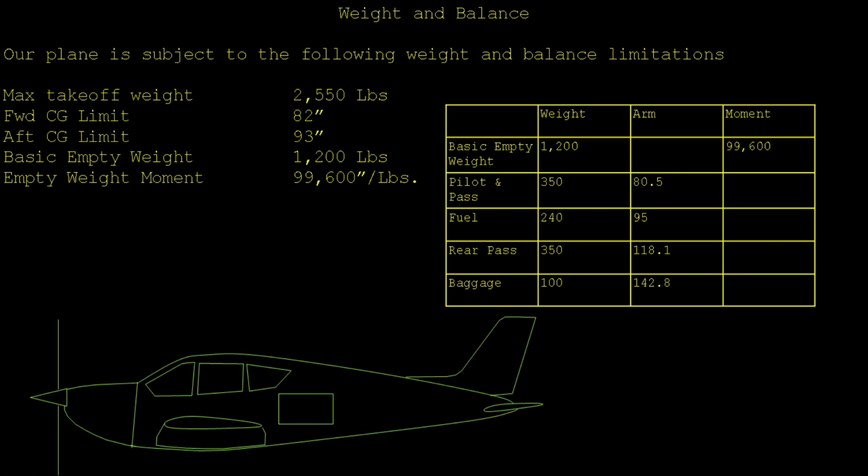For example, multiplying the weight of the pilot and the front passenger, 350 pounds, by the arm of 80.5 inches gives us a 28,175 inch-pound moment. Insert that number below the 99,600 inch-pound moment and repeat the process for the remainder of the weights and arms.